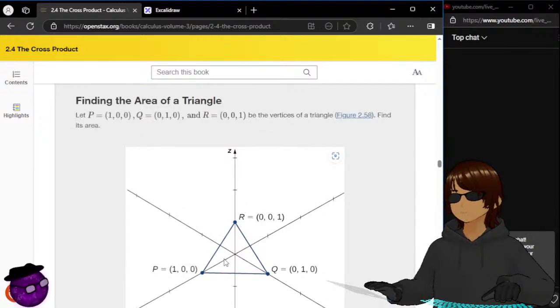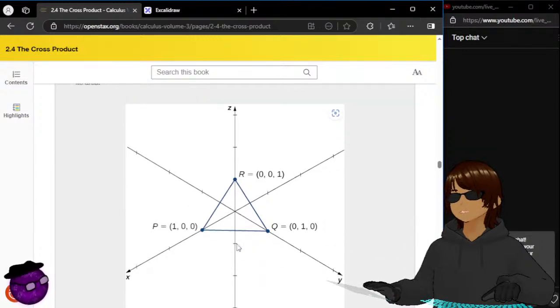Wait, how are they doing this? One is here, one is here. Wait a minute. It's a right angle triangle, right?